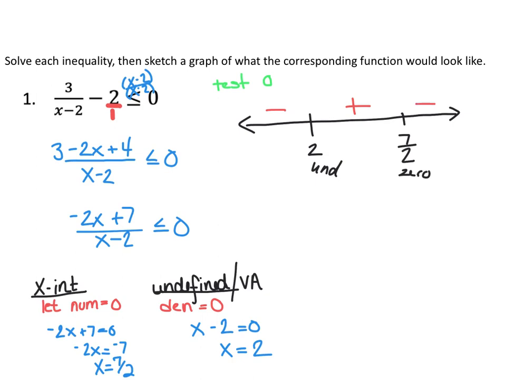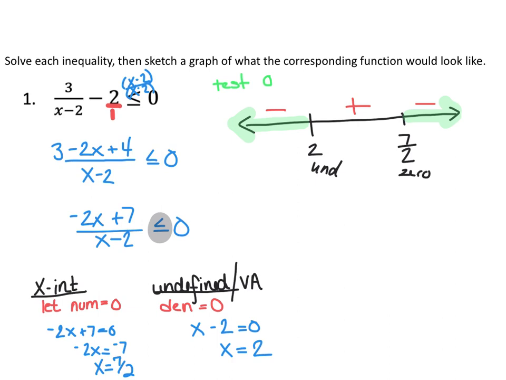So the question now is, where is this rational function less than or equal to 0? Well, that's where it is negative. It's negative in this portion and this portion, but also consider my undefined values and my 0.